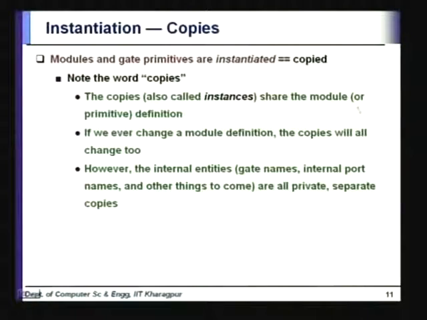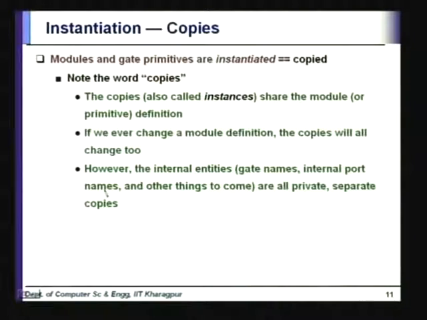The two copies share the module definition. The same definition of mux is shared by the two. So if you change the functionality of the original mux, then the functionality of all these copies will change.